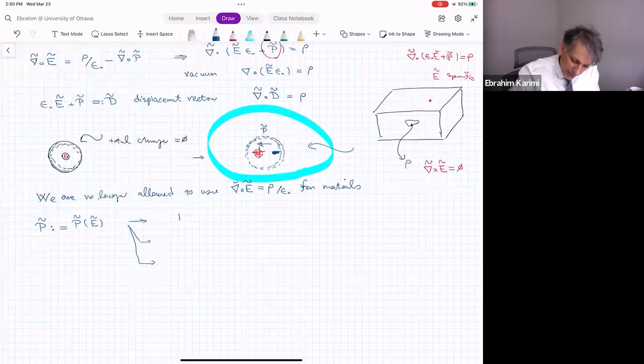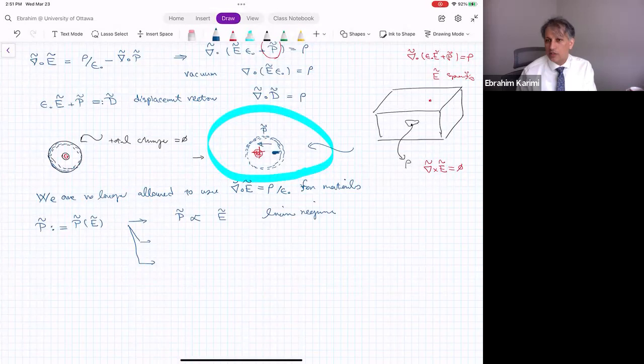That P is proportional to the electric field. We call this linear regime. We assume that the polarization has a one-to-one response to the electric field. If you increase the magnitude by 1, then the polarization also will change by 1.